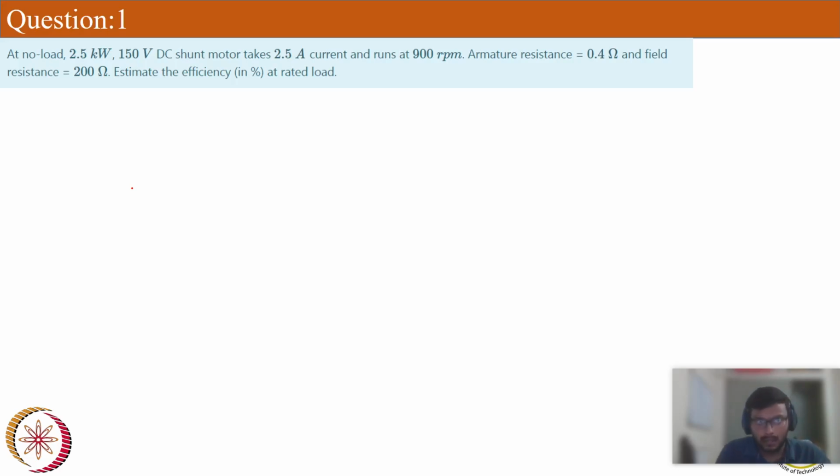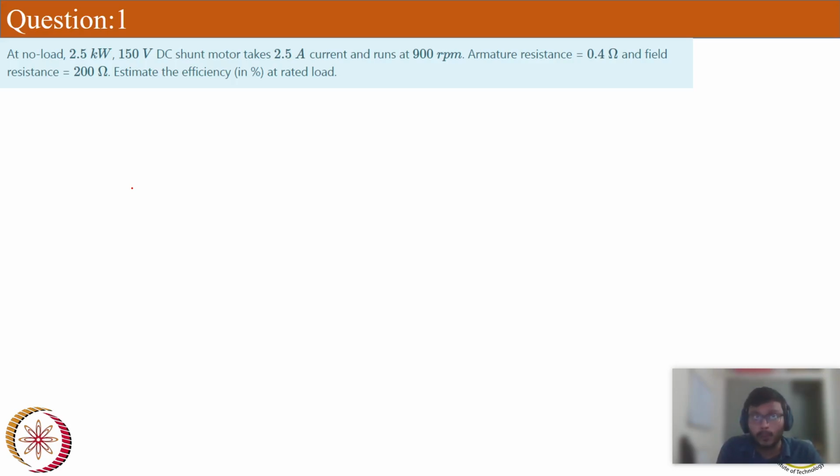Please read the problem along with me and analyze what data is given, let's infer the data from the problem, and we will see what was asked in the question. Now, the machine is running at no load, a 2.5 kilowatt, 150 volts DC shunt motor.